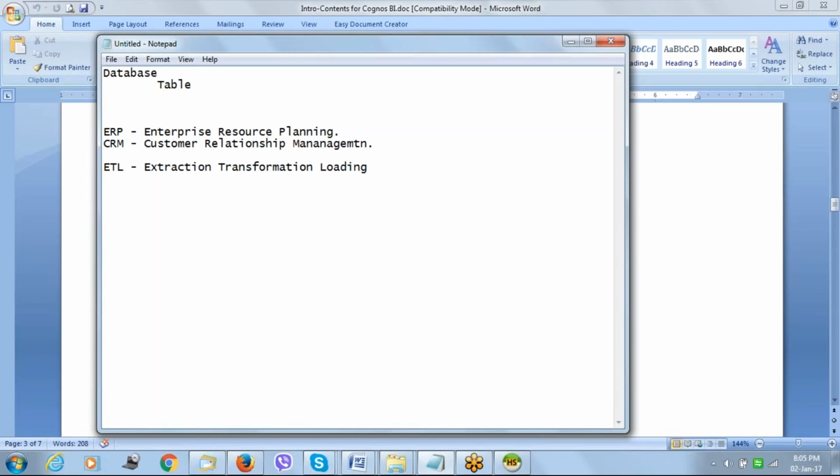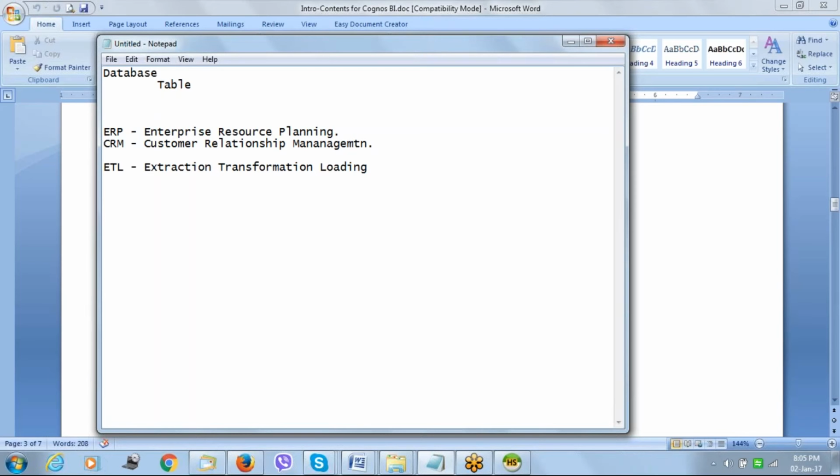So for example, it will have only the previous day's sales. Current sales will be only in the ERP system or CRM system, and the particular database associated with the ERP or CRM. The data warehouse will not have the current data, but it will be loaded. It will have the data based upon the load. So yesterday the load is there, means it will have yesterday's data, something like that.